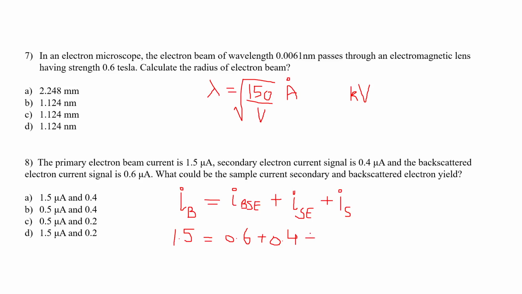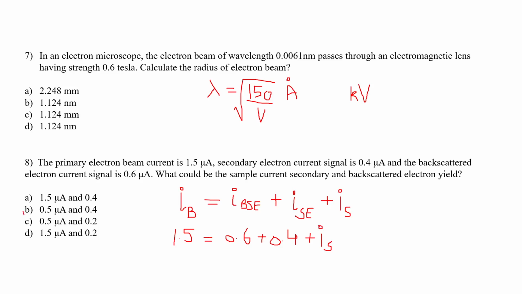Then you will be able to calculate your sample current. So that will come as, this will be 1, and then 1.5 minus 1 will be 0.5.